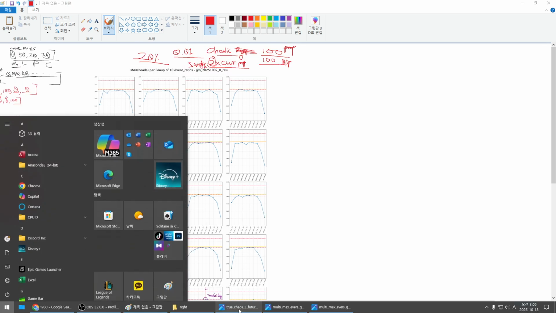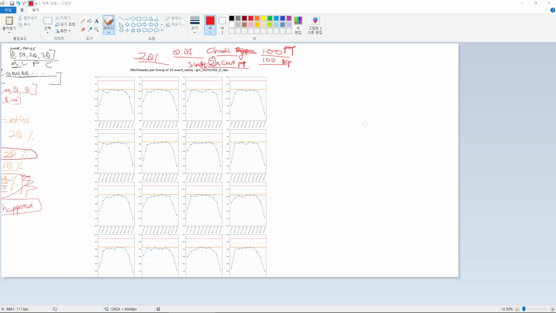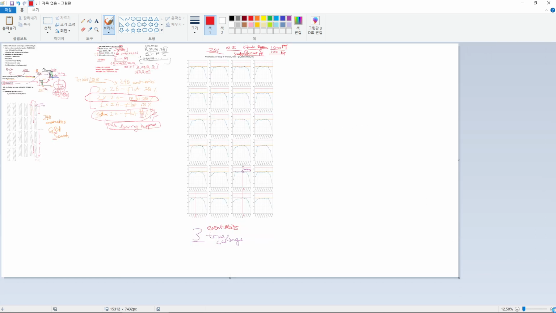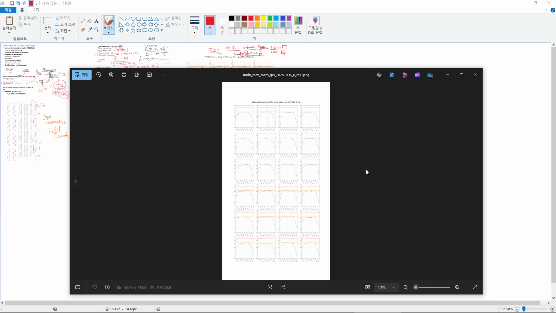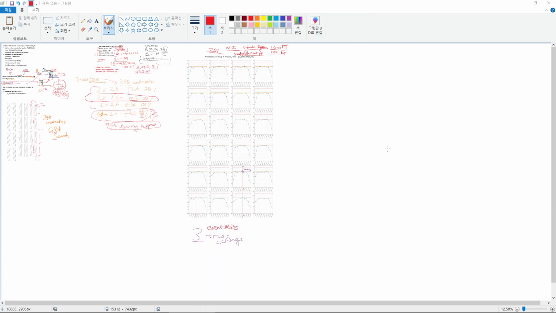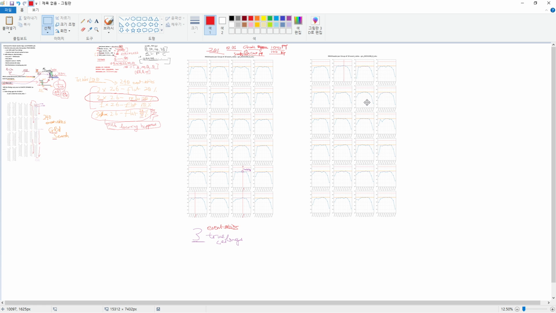Now let's have a look at the other one, which were done using the same hyperparameters. So absolutely the same.